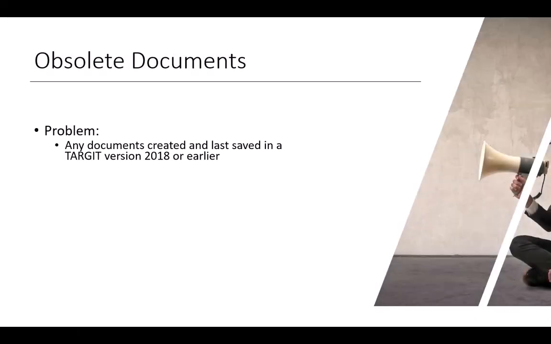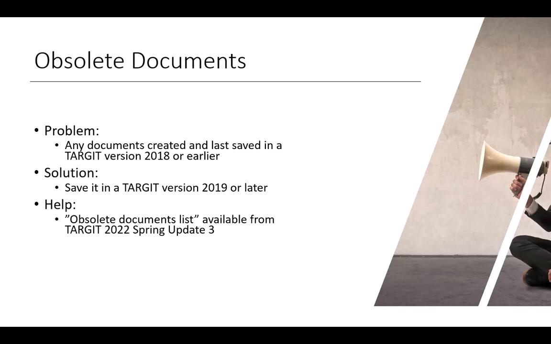Let's recap the issue with obsolete documents. It's when you have documents that have been created and last saved in a Target version 2018 or earlier. And the solution is to open it in a later version, Target version 2019 or later, and save it. If you do this in a Target 2022 Spring Update 3 or later, you'll even get some help from the Obsolete Documents list.